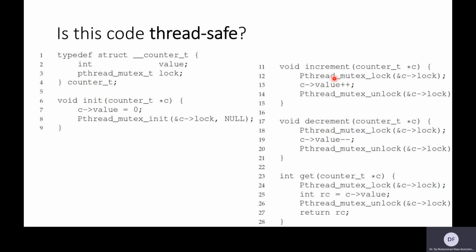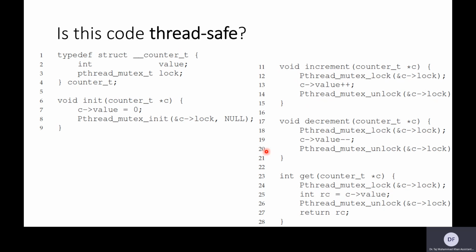So we have implemented mutual exclusion, and I hope you can see that this code is now thread safe. We can run this code concurrently in as many threads as you want, and it will behave correctly. No thread will overwrite the value of another thread.